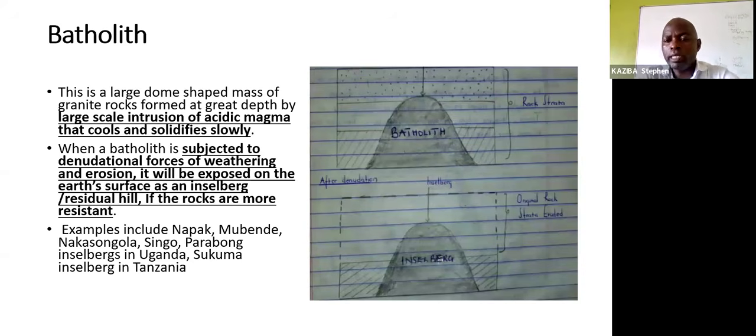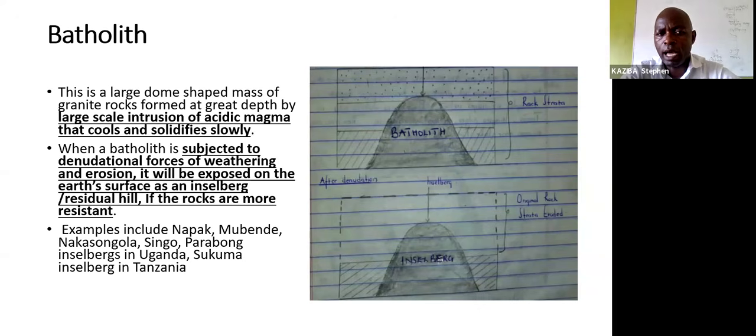Now you see that I drew two landforms. When you're drawing, make sure you put there 'before denudation' and then 'after denudation'. So in the first diagram, you begin by identifying the feature. The feature is a batholith.